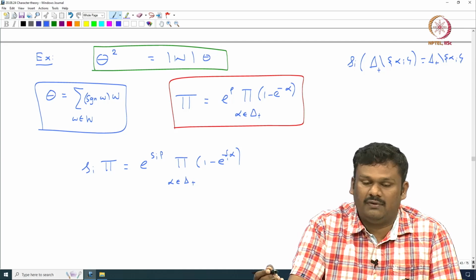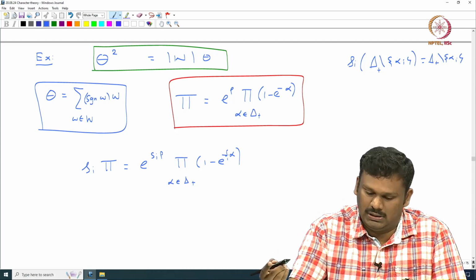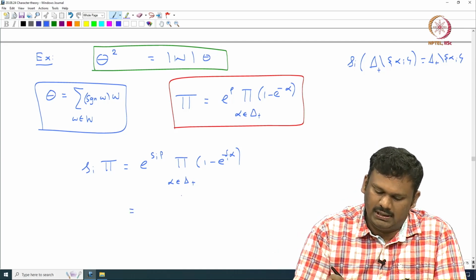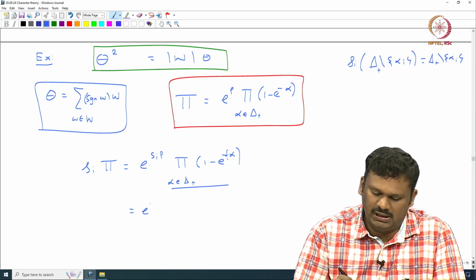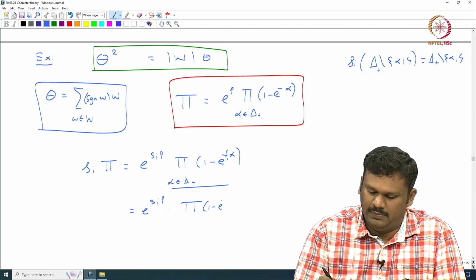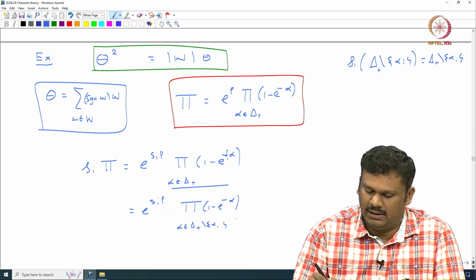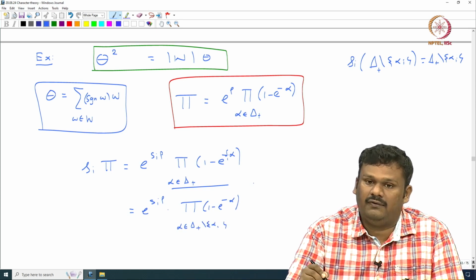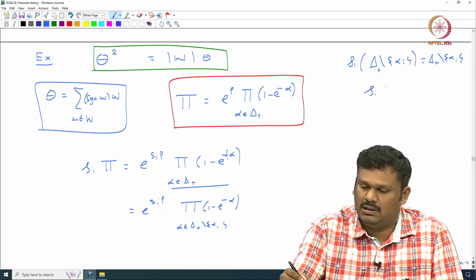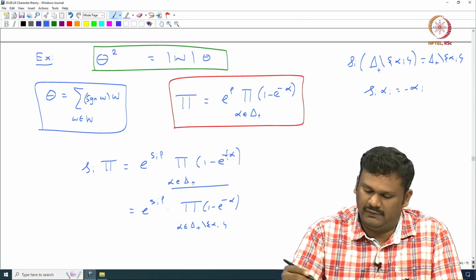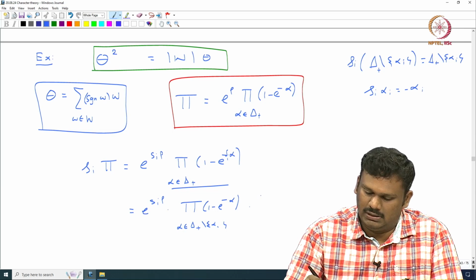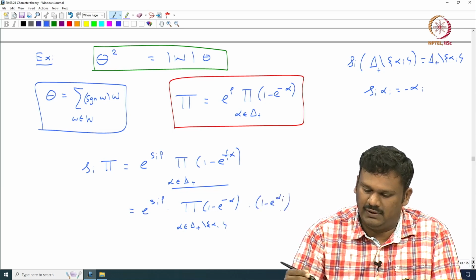That means except alpha_i, it permutes all other positive roots. So, then you can write this as a product of two things: e power S_i rho times the product of 1 minus e power minus alpha, alpha comes from delta plus minus alpha_i, and then S_i of alpha_i is going to be minus alpha_i. If you use that, then this is 1 minus e power plus alpha_i.